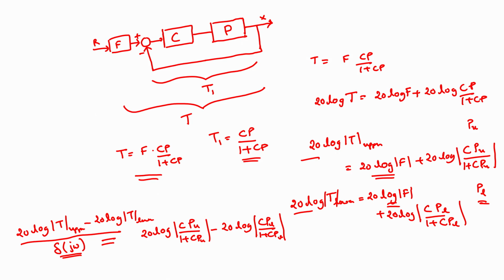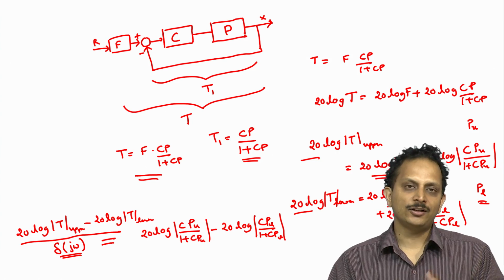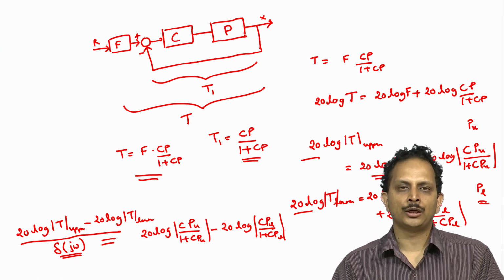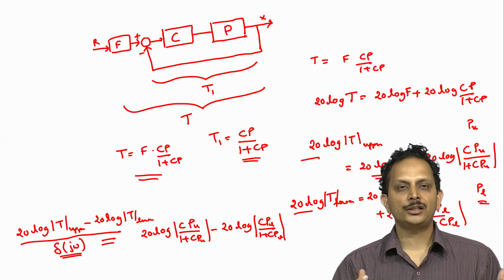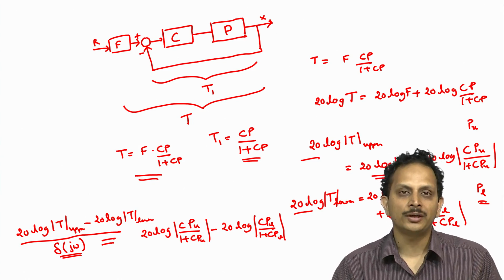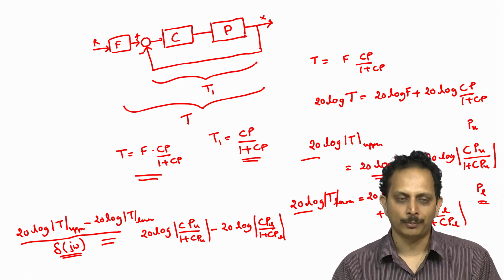Now, if you recollect from the previous slide, the first step in undertaking design using the Nichols plot is to select a set of frequencies that are of interest to us from the point of view of performance.